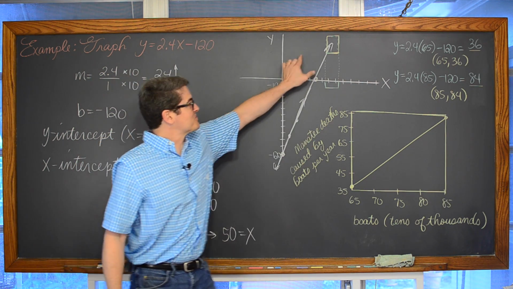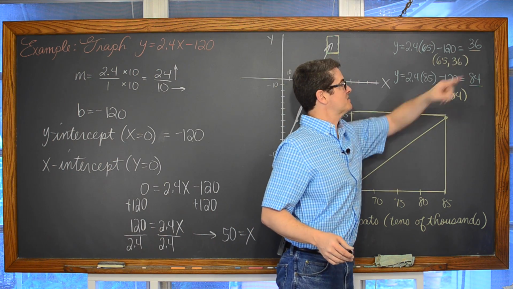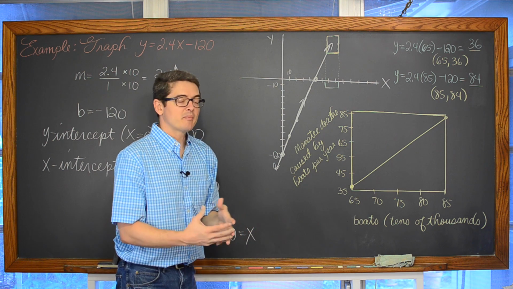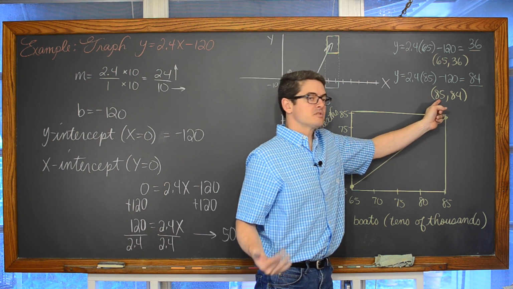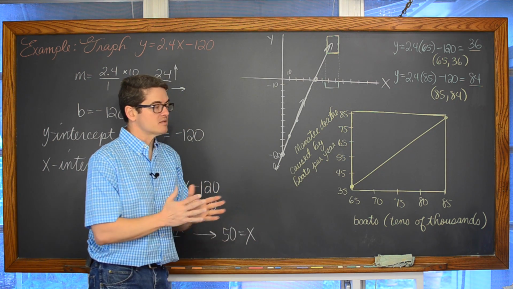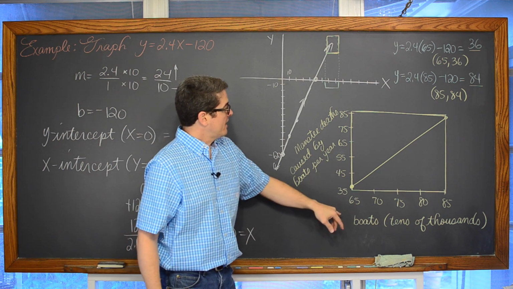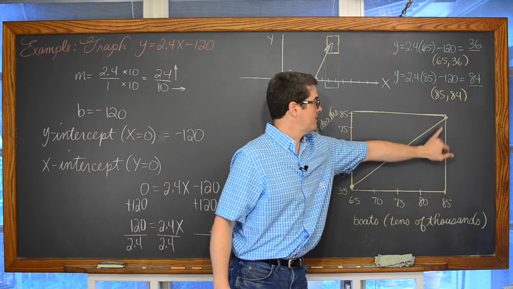So doing our little zoom box by hand, 65 plugged in gave us an expected number of manatees killed per year of 36. Using 85 for 85,000 boats gives us an expected value for the manatees of 84. And we have the points 65, 36, and 85, 84.